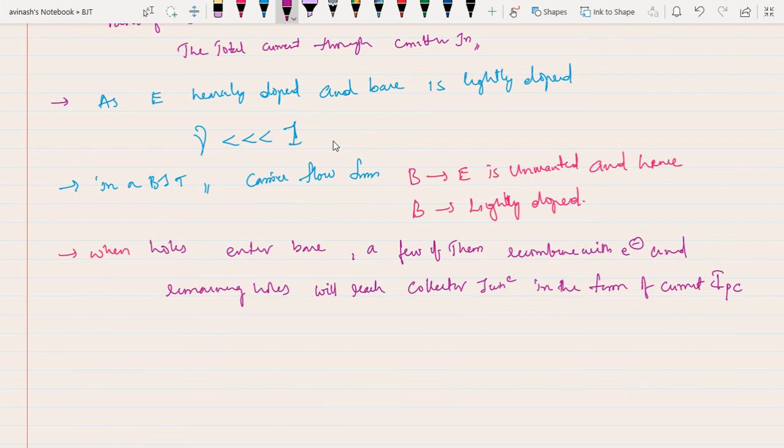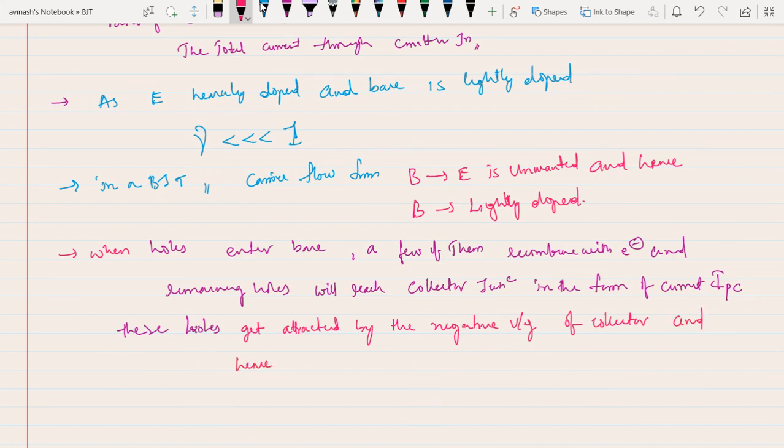These holes get attracted by the negative voltage of the collector, and hence holes enter the collector region.